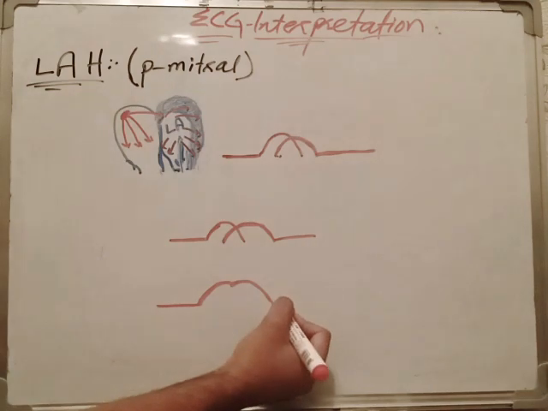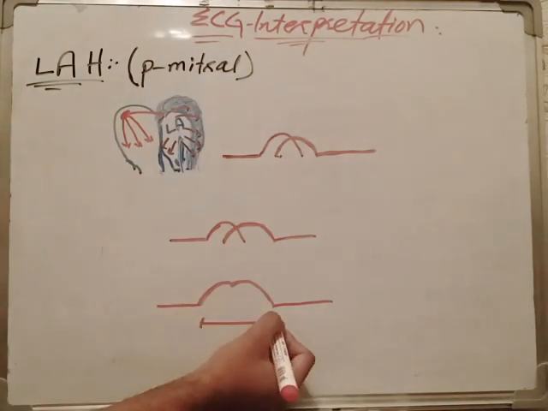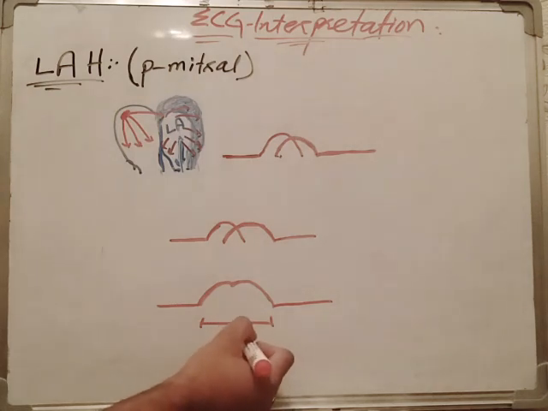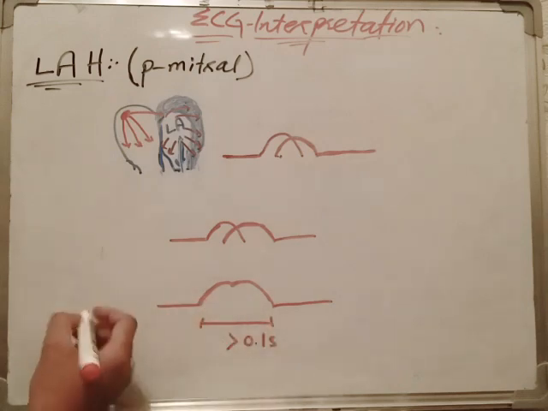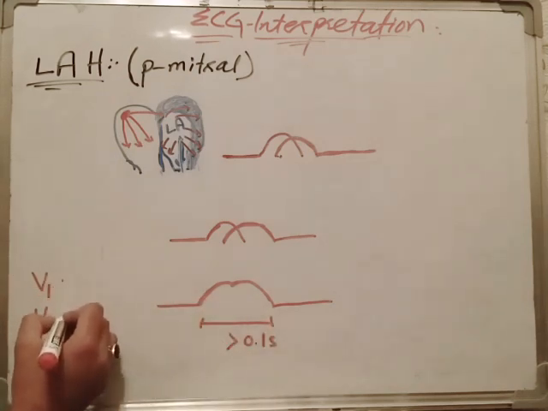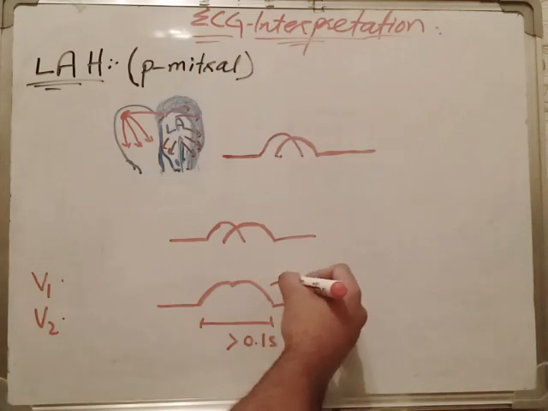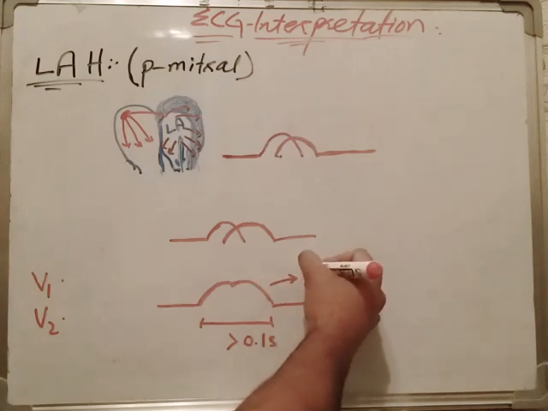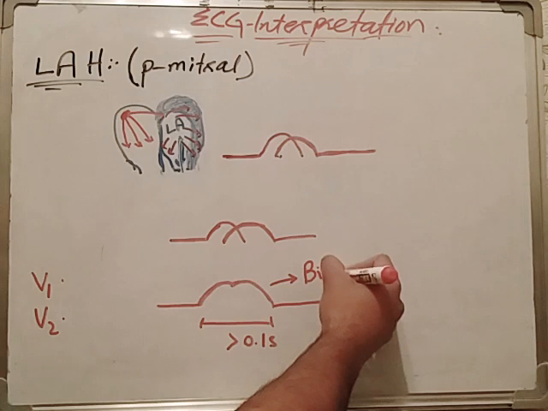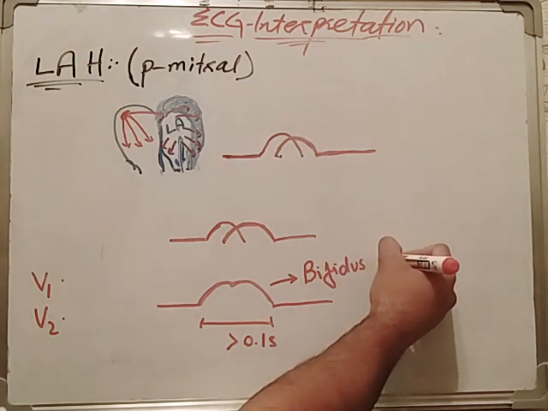The time here is more than 0.1 second. It is also seen in lead V1 and lead V2. These two leads we use in order to see the P wave. So here the P wave is also called a bifid P wave.